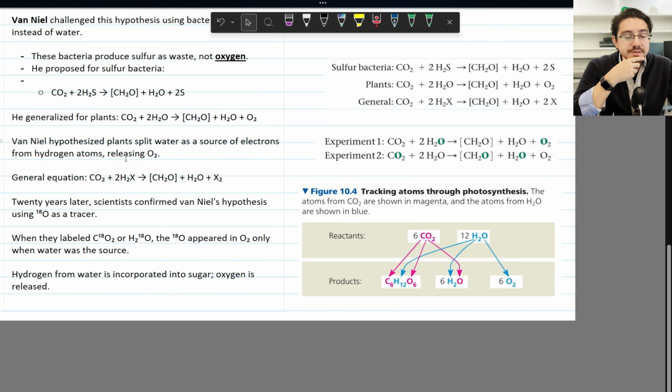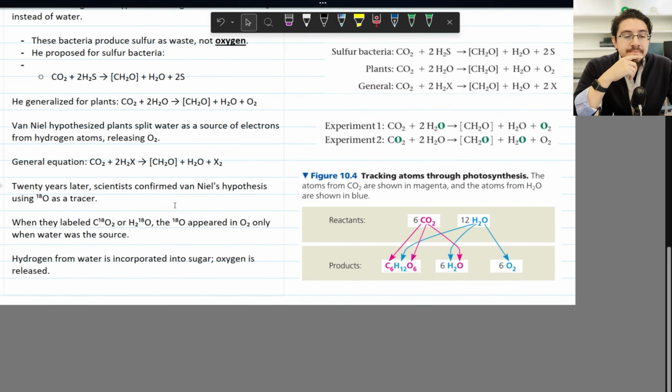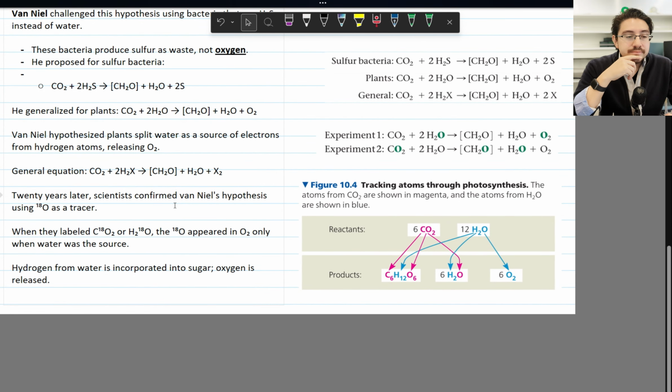So he hypothesized that the plants split water as a source of electrons. So keep that in mind. Water as a source of electrons from hydrogen atoms releasing O2. And if that's the case, you would have something like this: carbon dioxide, you would have hydrogen sulfide, would yield a sugar compound plus water plus your X molecule.